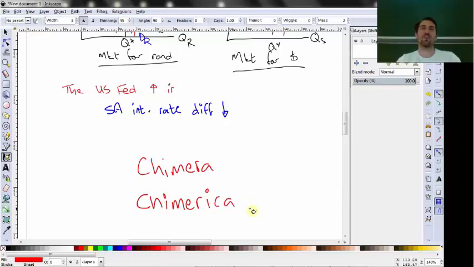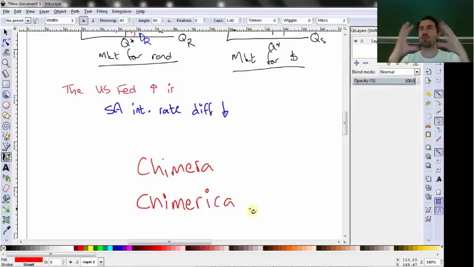Chimerica, which is the combination of China and America, because the biggest holder of US bonds is China. So China basically owns the US's debt in a sense. It would be very difficult for those two countries to go to war because they're so interlinked.